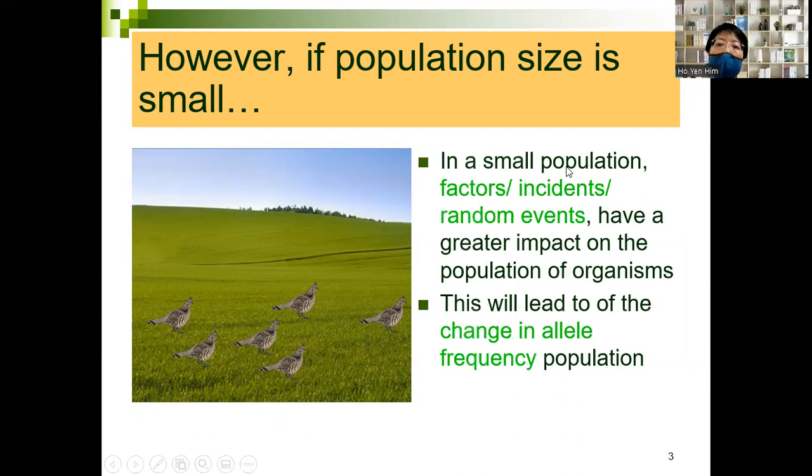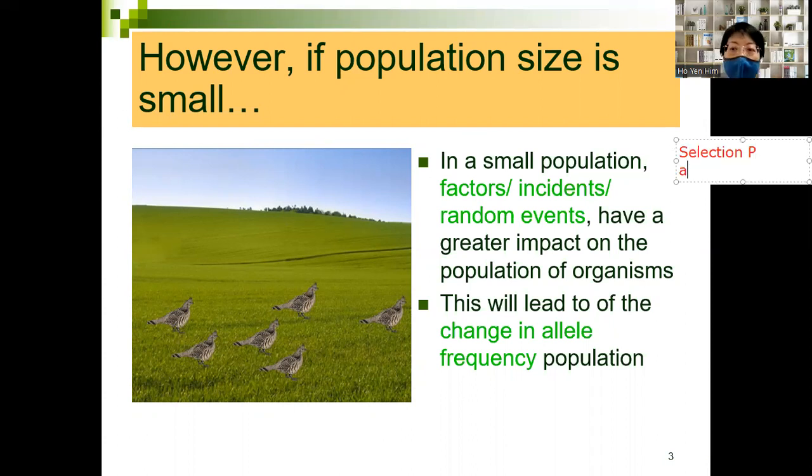So in a small population, any factors or incidents or random events, these are actually the so-called selection pressure from the environment. Remember, you learned selection pressure is any factor from the environment which can affect their survival, divided into abiotic as well as biotic, right? Any change in temperature, suddenly there is a hurricane, okay?